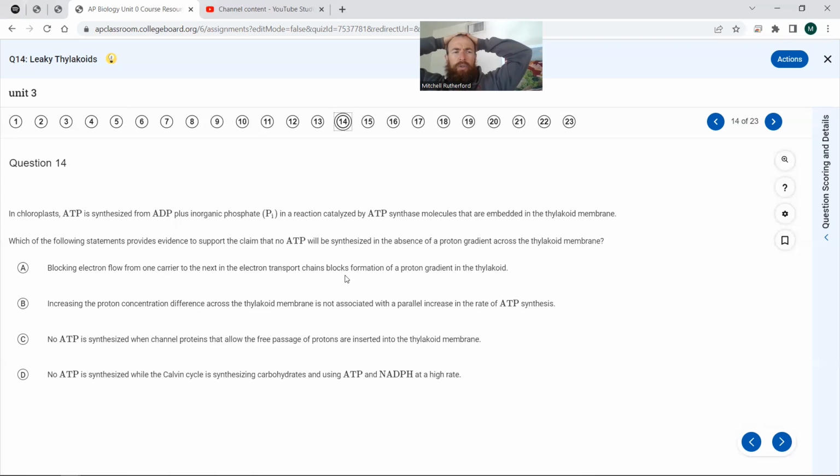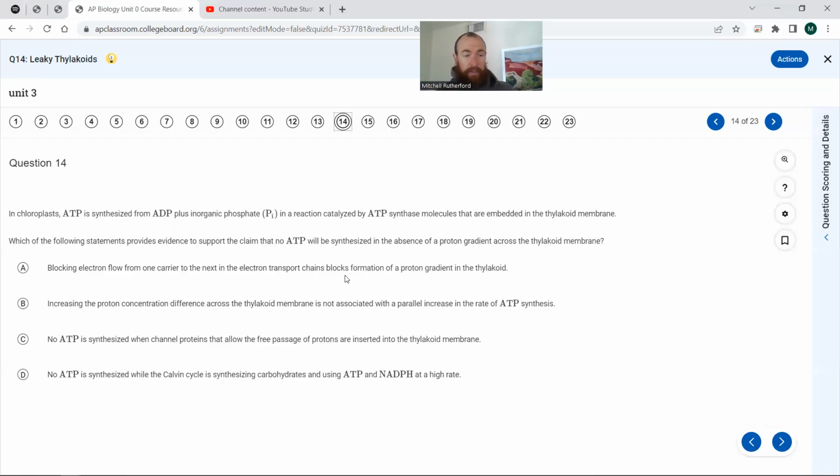Yeah, that's true. Let's try B. They're talking about, in chloroplasts, moving from photosystem 2 to photosystem 1. But B, increasing the proton concentration difference across the thylakoid is not associated with an increase in the rate of ATP synthesis. B is like, yeah, if you got more protons concentrated inside of the thylakoid, they're going to want to flow back out.